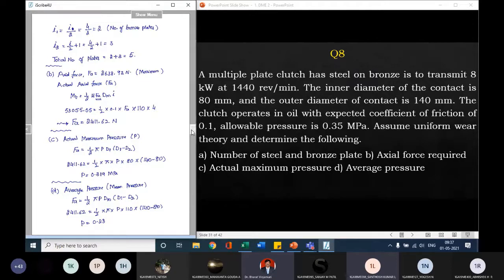In the equation you have written D1 minus D2, sir. Okay, sorry. D2 minus D1. Thank you. D2 minus D1, right. So what is the answer? 0.23, yeah? 2327.